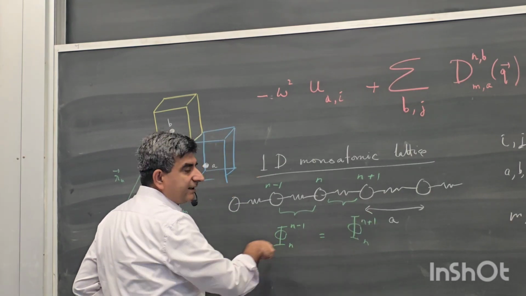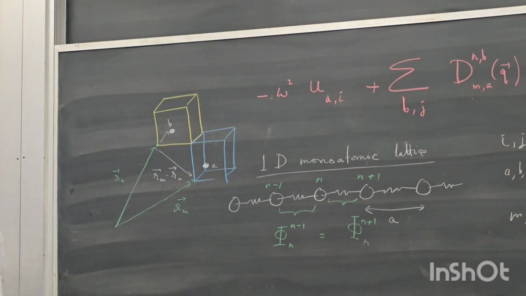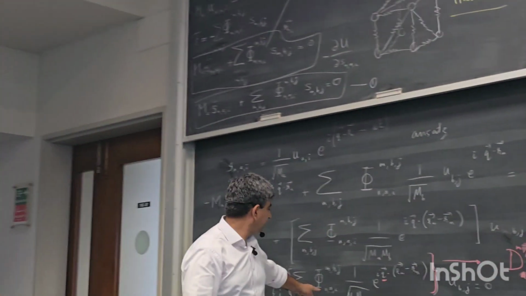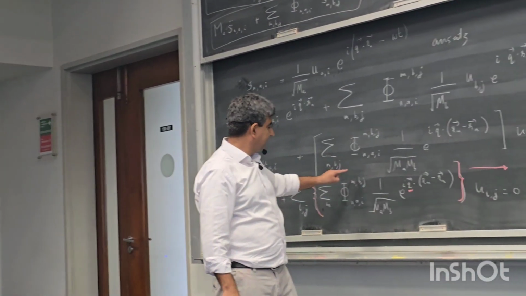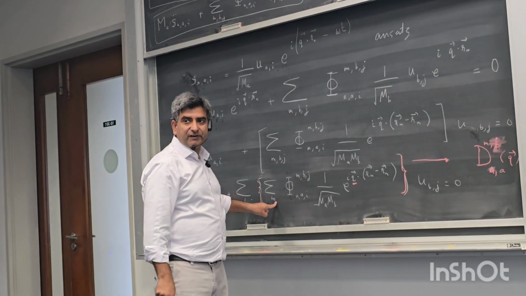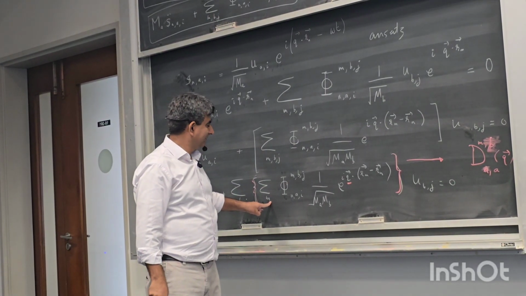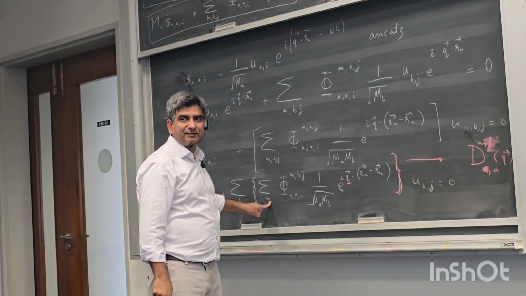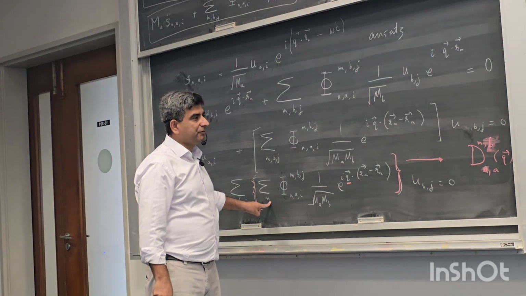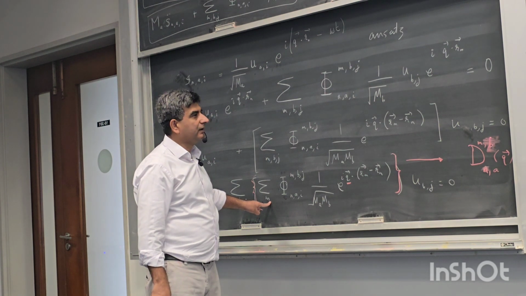So when I know the phi's, I can calculate the D's. The D's are given by the sum over all phi's for the different values of M. Correct? Right?